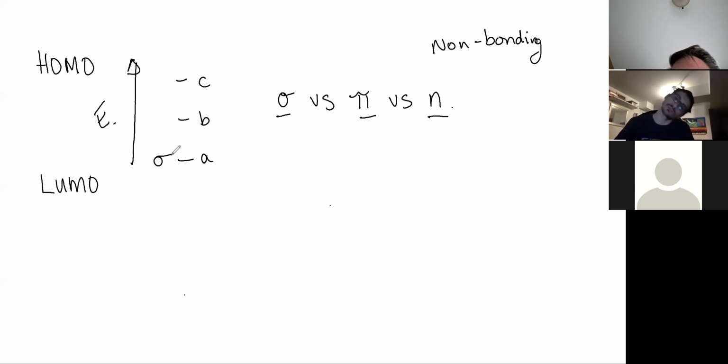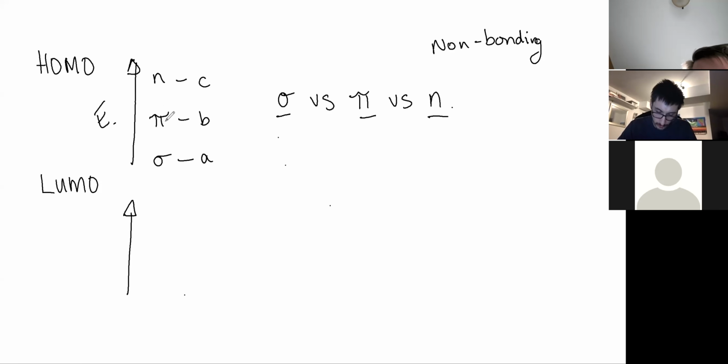Which one would be B and which one would be C? Typically the highest are the non-bonding, and then the pi would be somewhere in the middle.